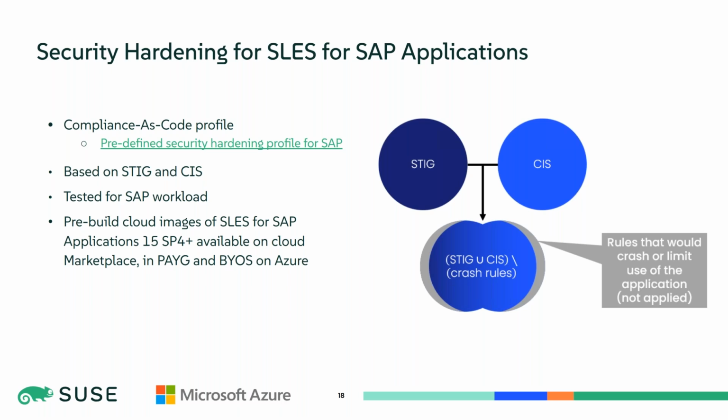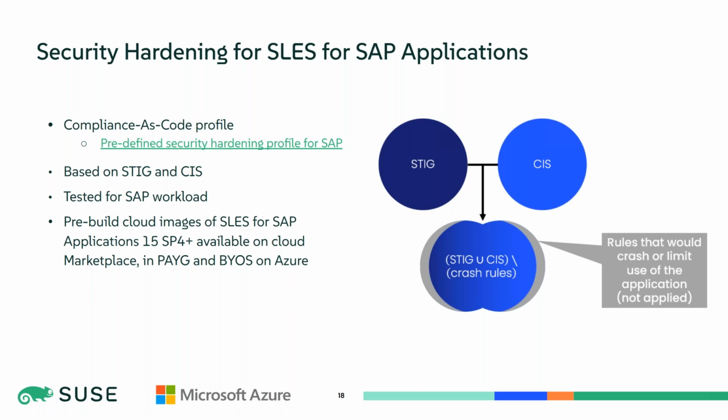Both are standard federal and industry security standards, and we have provided this new profile based on the SAP workload. We do preliminary testing to make sure that there's no rule that could break the HANA database, because there are rules that, when in place, HANA would not start up. So we remove those rules to make sure that HANA works properly.